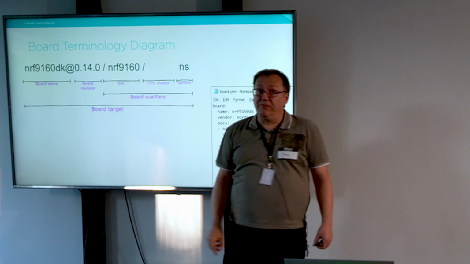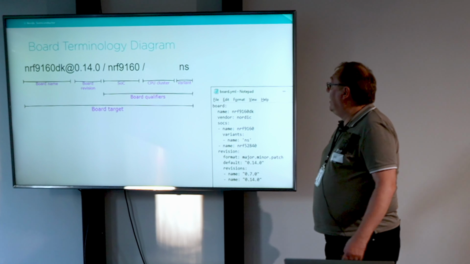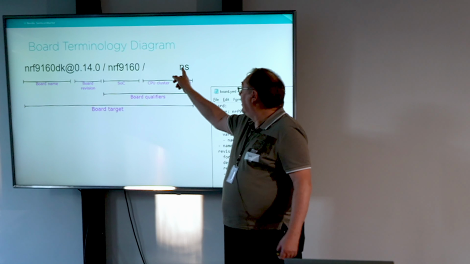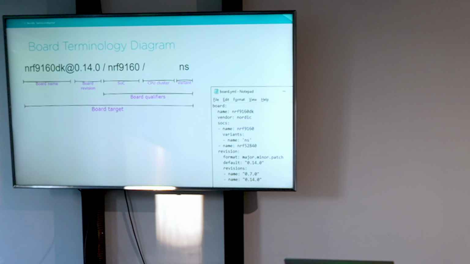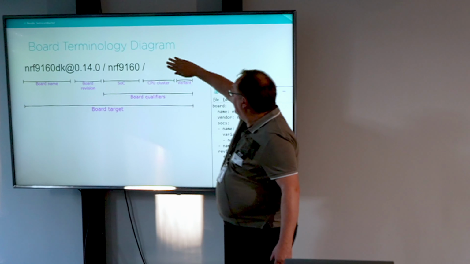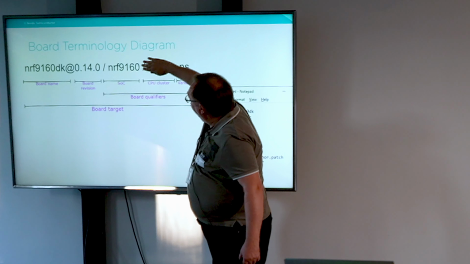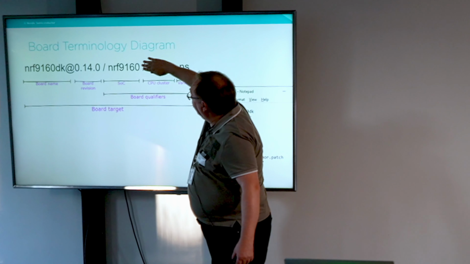For sure, we have to specify the SoC. And then it really depends on whether we want to use the non-secure domain or the secure domain. If we want to use the secure domain, remove these characters. That's the secure domain.